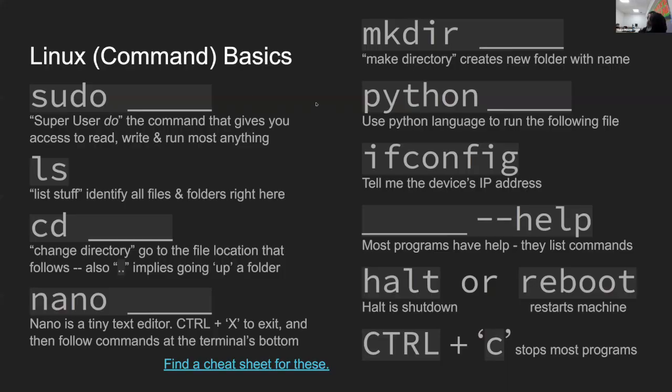Once you're doing that, there's a whole host of commands that you might want to use to actually do that interacting. If you're brand new to Linux, the big one that you're going to use a lot is sudo, which is super user do, sort of. It's the command that gives you access to read, write, and run things. In order to be more safe and secure, the default user Pi does not have a lot of permission.